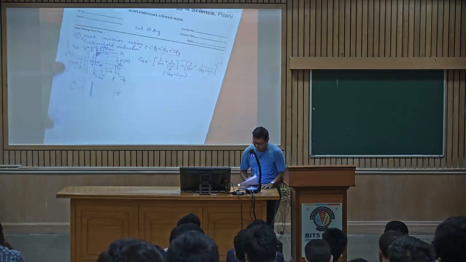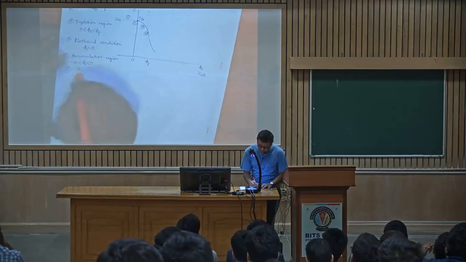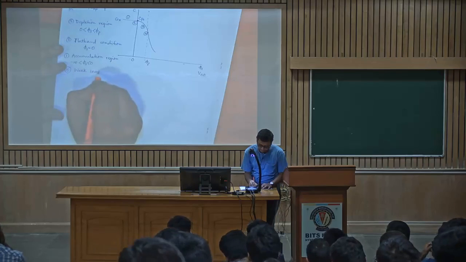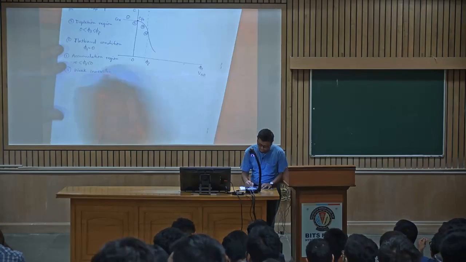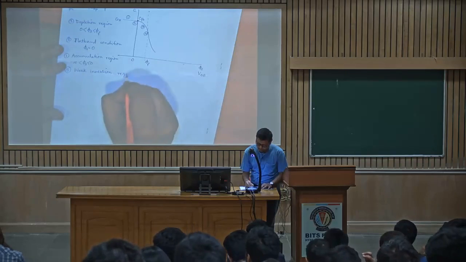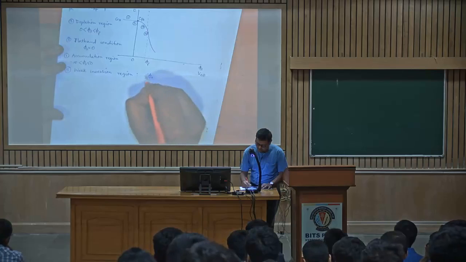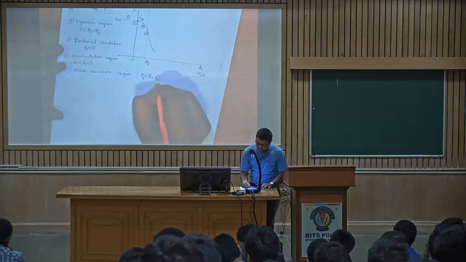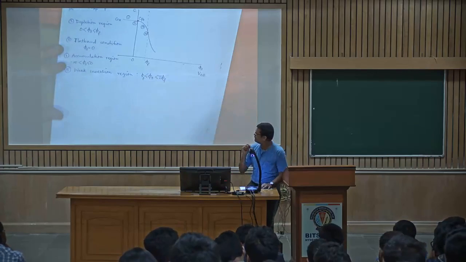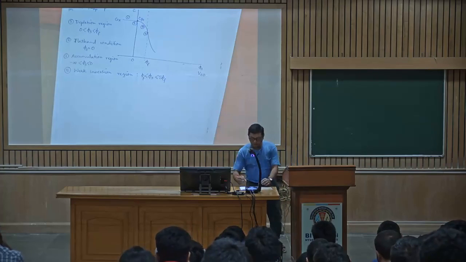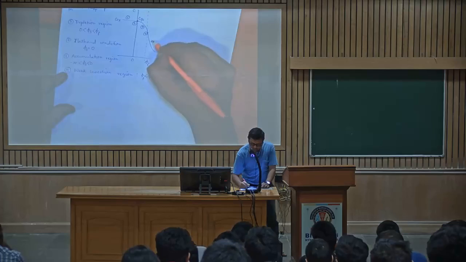Now, let me just finish this. So number 5 was the weak inversion region. Condition: phi f less than phi s less than 2 phi f. I'll call this number 5.